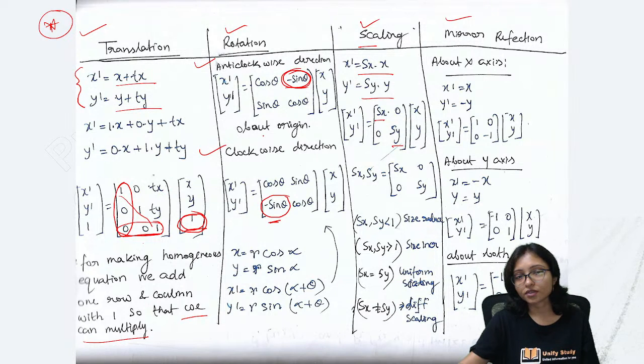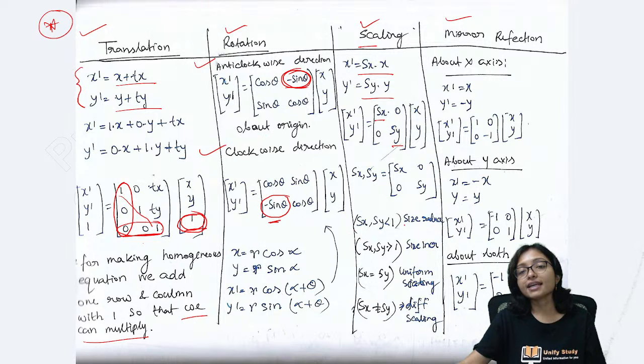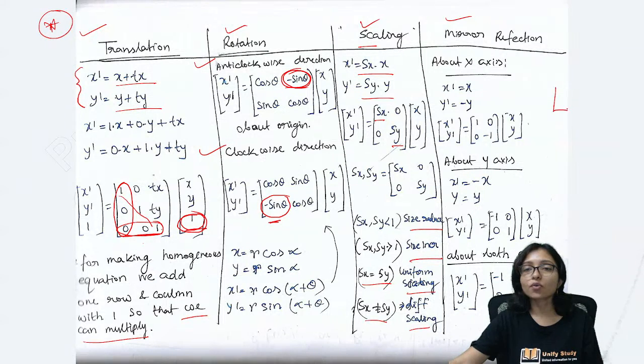In scaling, the size can be reduced or increased. When Sx and Sy are the same, it is uniform scaling. When Sx is not equal to Sy, it is different scaling. Uniform means, for example in a square, if I scale 2 times in x and 2 times in y, then it is uniform.